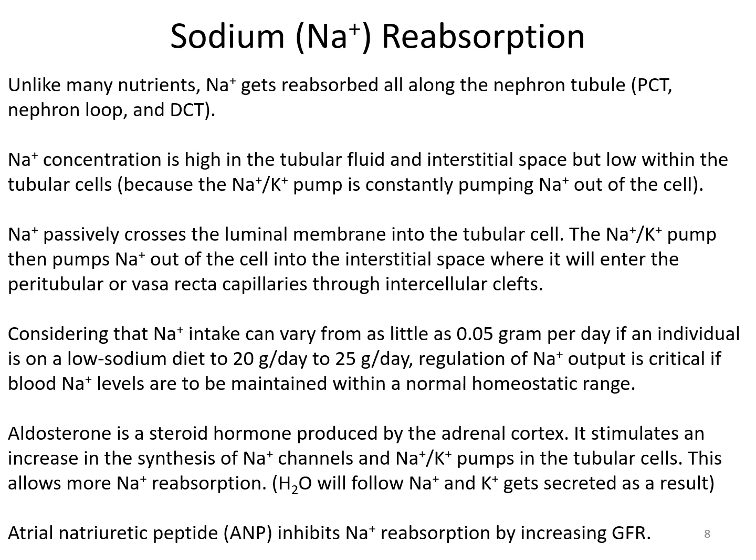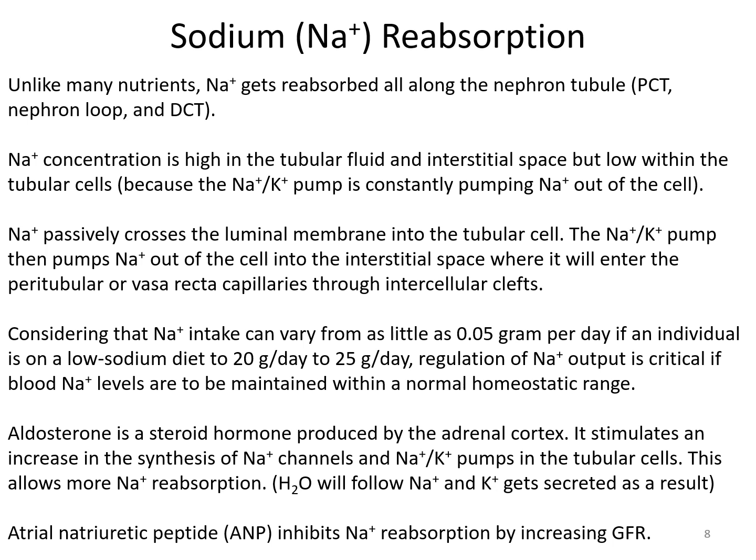So sodium is kind of unique because sodium gets reabsorbed all along the nephron tubule. A lot of things are either specific to, it gets mostly reabsorbed in the proximal convoluted tubule, or just the nephron loop, or just the distal. But sodium gets absorbed all along the way, although the way it does so changes depending on where in the tubule system you are.